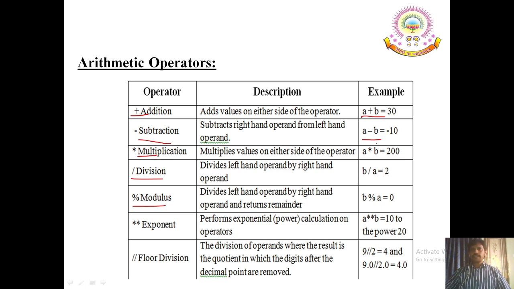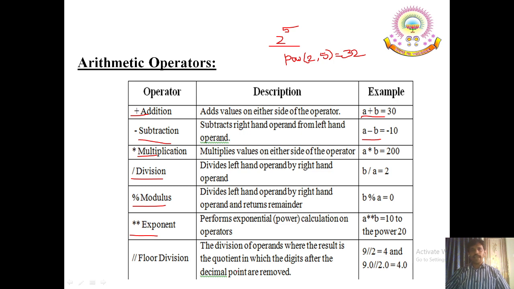All these operators are similar to our C programming environment, and here we have two more additional operators. The first is the exponent operator. In C language, to find the powers of, for example, 2 power 5, we need to apply the pow function from math.h. So pow of 2 comma 5 will print the result as 32. And it is a function we used in C programming.